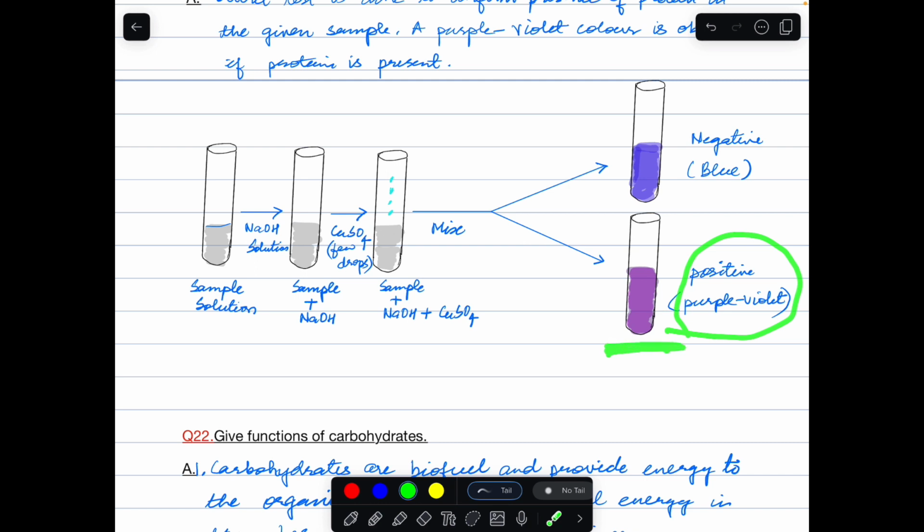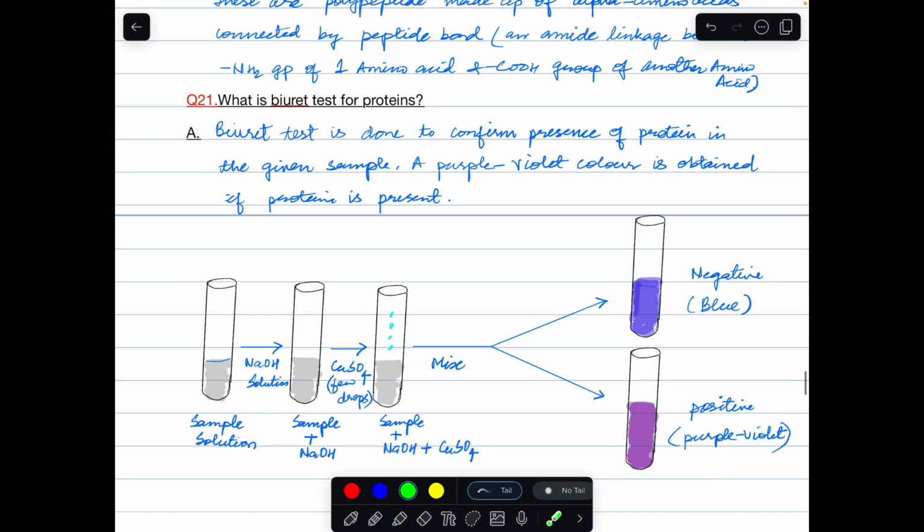And if the medium remains blue in shade, that means it is a negative test. So a positive test is the presence of purple or violet color, which means your biuret test is positive and protein is present in the given sample.